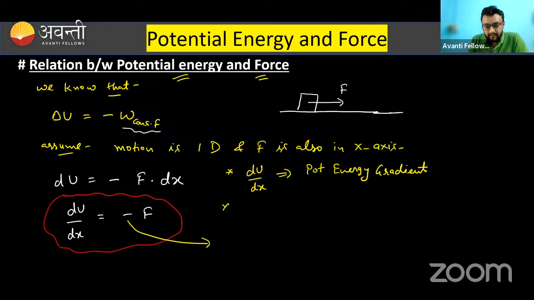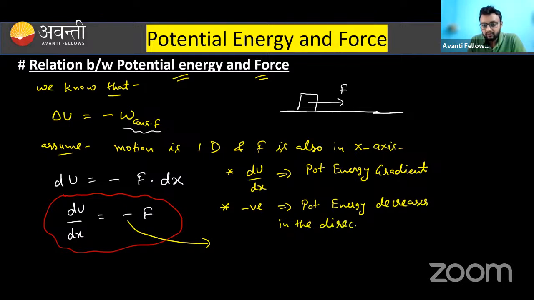Again, the second important point here is the negative sign. What does it say? dU is the change in potential energy. dx is the displacement. Potential energy decreases in the direction of the conservative force.